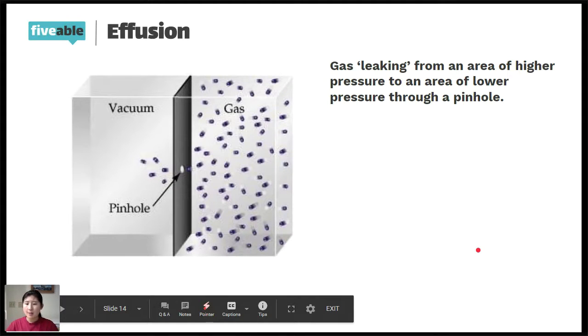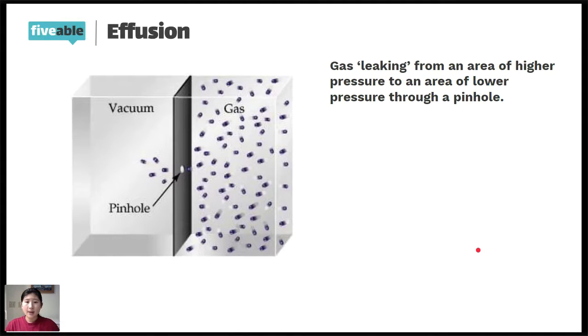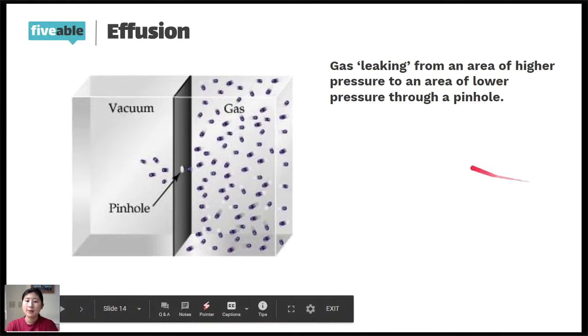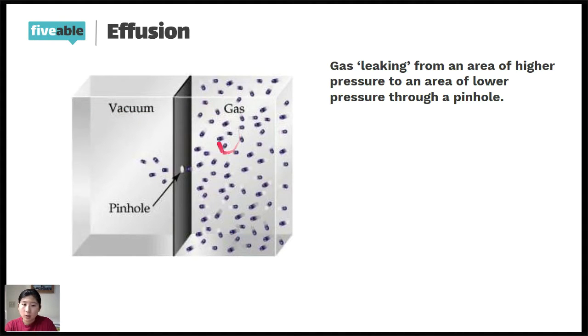All right, so now we're going to talk about effusion. This is about gases leaking from an area of high pressure to an area of lower pressure through a pinhole. So over here, you can see there's a wall. This is a vacuum, which means it's low pressure. There's a lot of pressure over here, and there's a pinhole here, and the gas is leaking out.